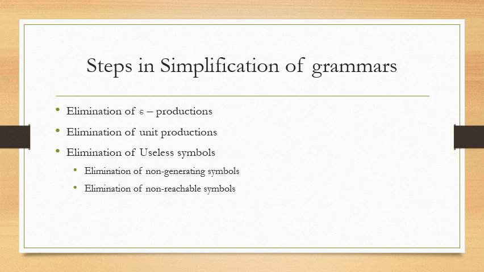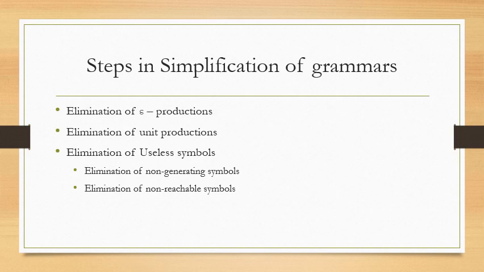And also in this elimination of useless symbols, first you have to check for non-generating symbols followed by non-reachable symbols. Even if this order is interchanged, that is elimination of non-reachable first followed by elimination of non-generating, then also the grammar will be a different one.